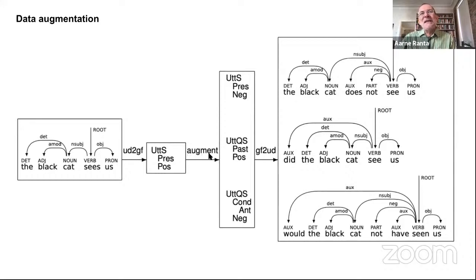And then you augment that to some other GF trees, which vary the tense and the polarity, and then you can generate new and typically much more complex trees in the UD format, which can be useful for getting a bigger tree bank for free and training with that again.